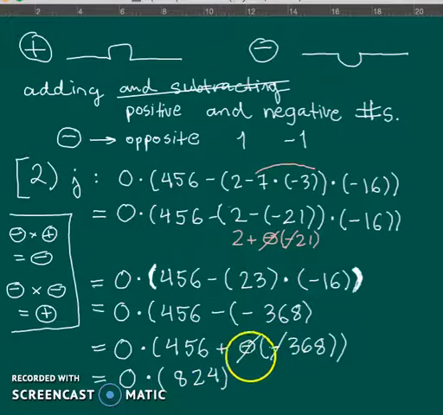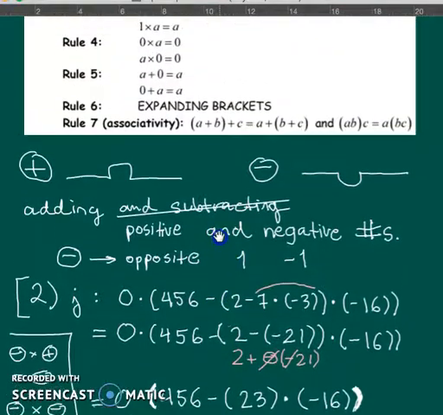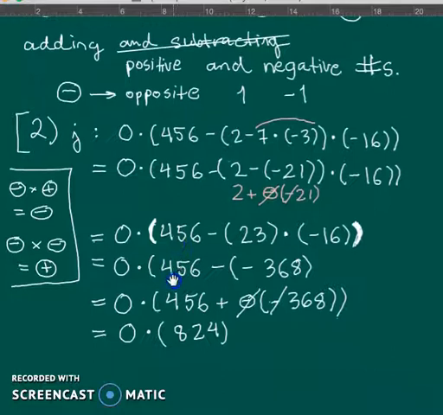Okay, last but not least, we are multiplying 0 times 824. And if you need a reminder, you can look at our rules. Rule number 4 says 0 times any number a is equal to 0. Therefore, our 824 is doomed, the answer is 0.